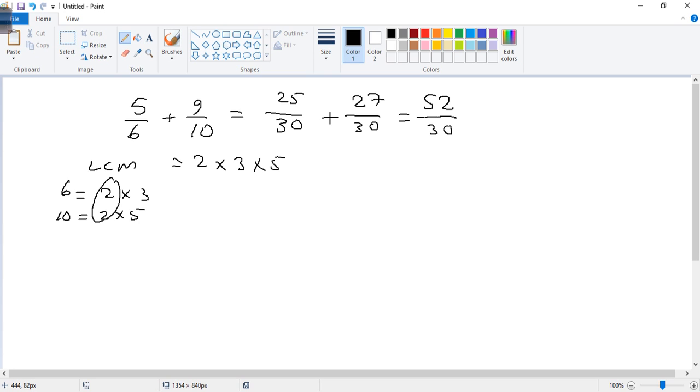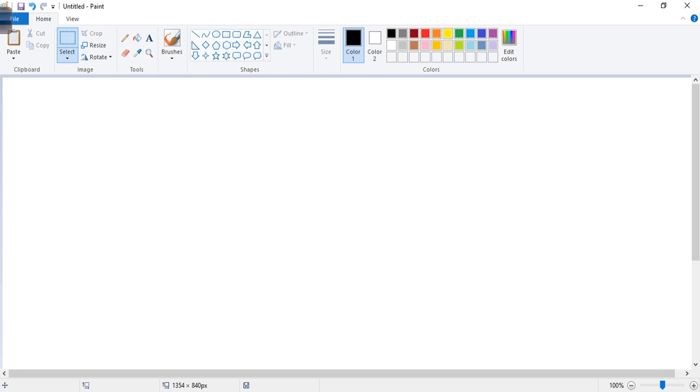Let us have another fraction here. If we have 9 over 10 minus 5 over 6 plus 3 over 12, we need to find a common denominator between 10, 6 and 12.